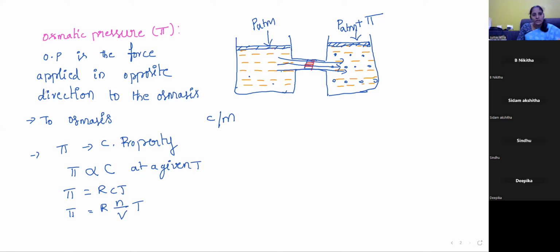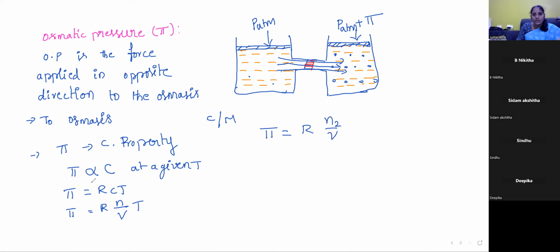Understand? It is molarity, not molality. Clear? So you can write M instead of C, or maybe you can write C.